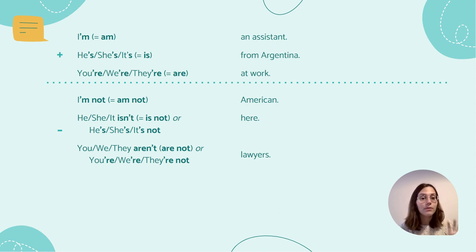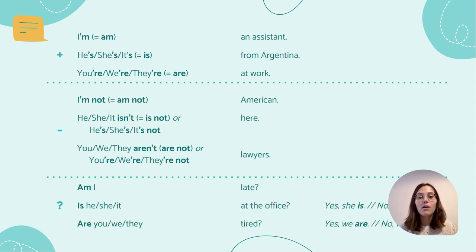I can keep the full form is not or are not, or I can contract them into isn't, he isn't here, you aren't lawyers, or not, as in he's not here or you're not lawyers, right?